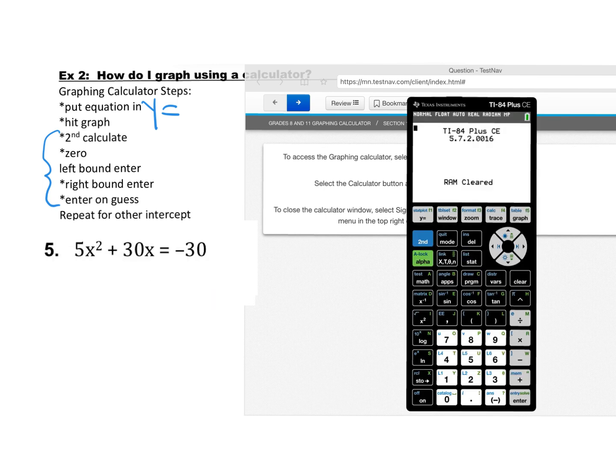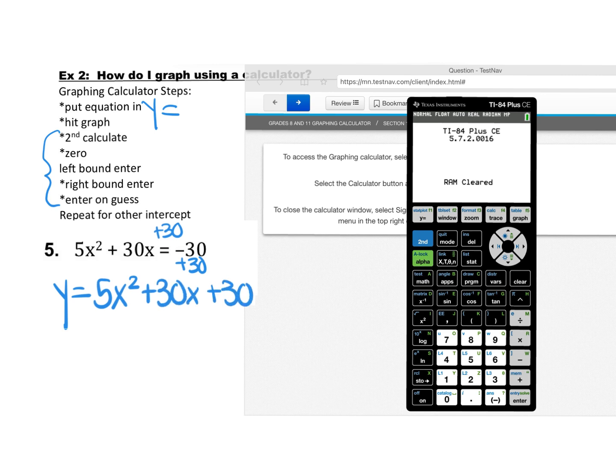All right, so for question number 5, notice how we have 5x squared plus 30x is equal to negative 30. Well, because we need to write this and graph it as y is equal to, we need to move that negative 30 over to the other side. So we're just going to add 30 to both sides. So the equation that we're going to put in the calculator is y is equal to 5x squared plus 30x plus 30.